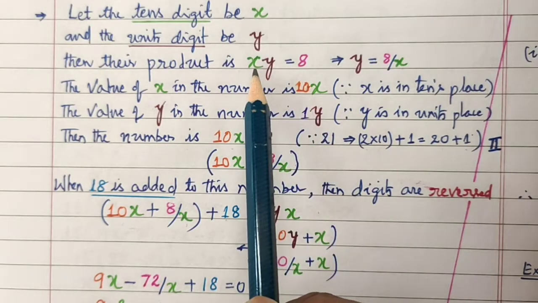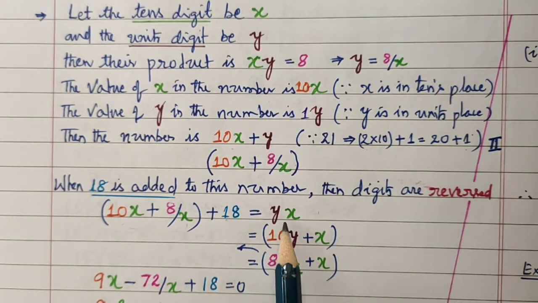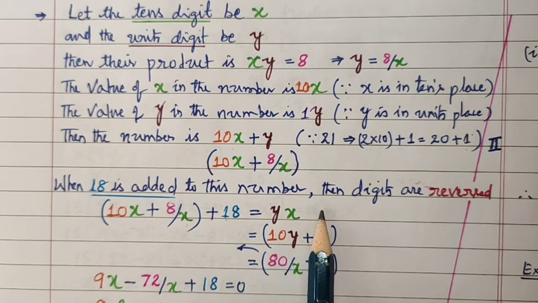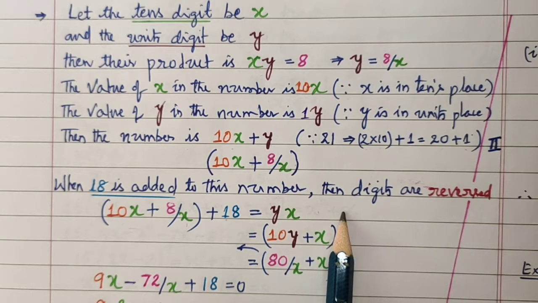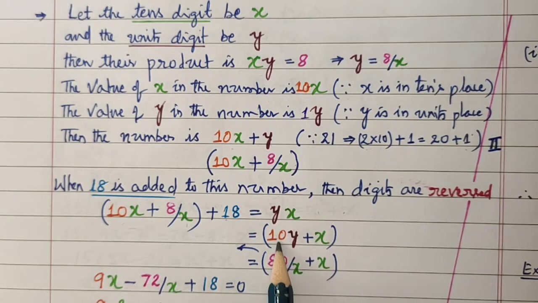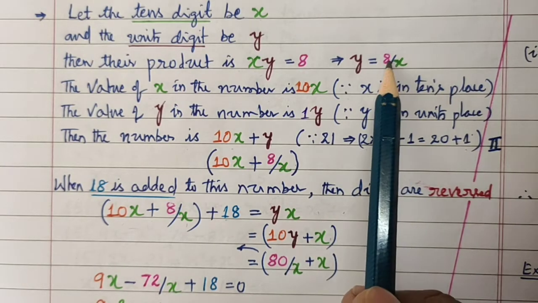Earlier, the digits were x and y. Here, when they were reversed, it has become yx. So in tens place we have y, in units place x, and this can be written as 10y plus x, like 21 can be written as 20 plus 1. So 10y plus x, and we are replacing y with 8 by x.